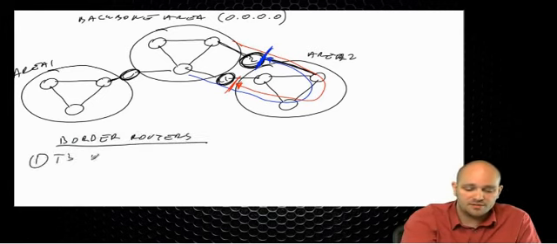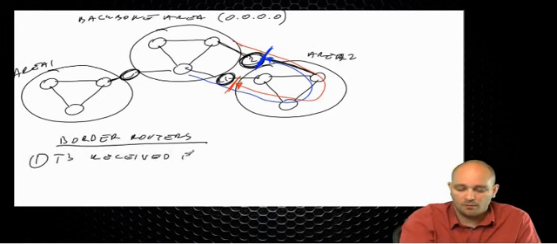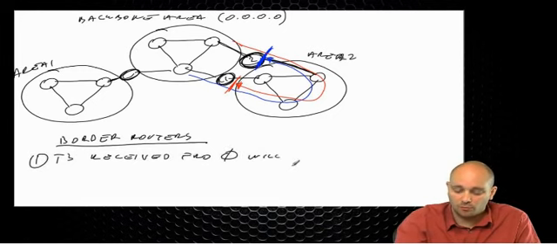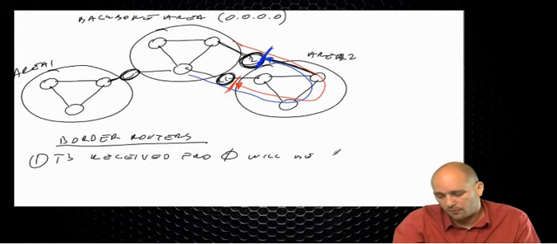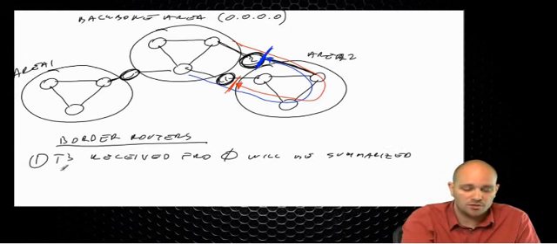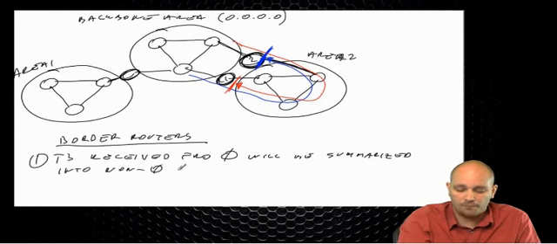Type 3 received from area 0 will be summarized, and by that I mean a new type 3 will be generated into the non-zero area.